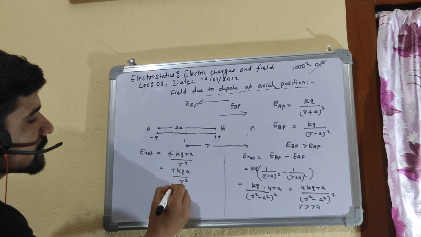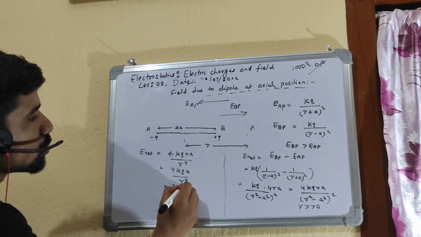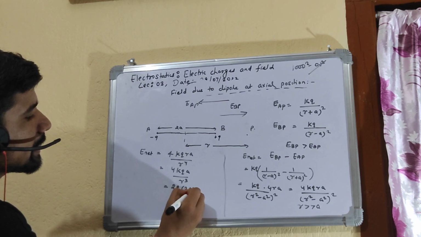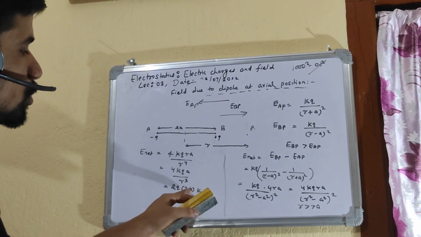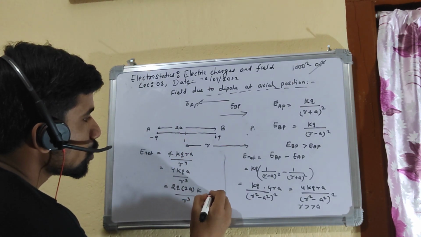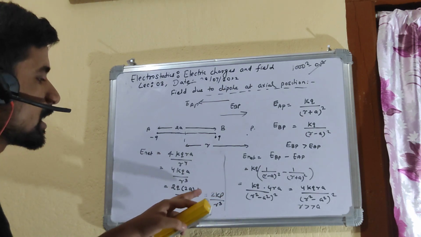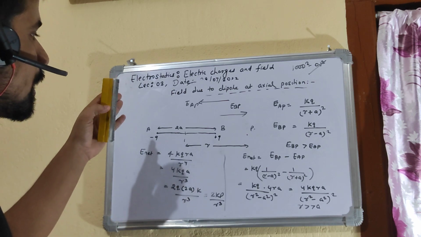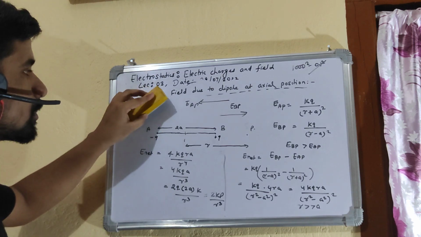Now I can rearrange it and write it like this: q into 2a times 2k by r cube, right? So this q into 2a is nothing but the dipole moment, right? So this is nothing but 2kp by r cube. So the electric field due to a dipole at the axial position is given by 2kp by r cube, right?